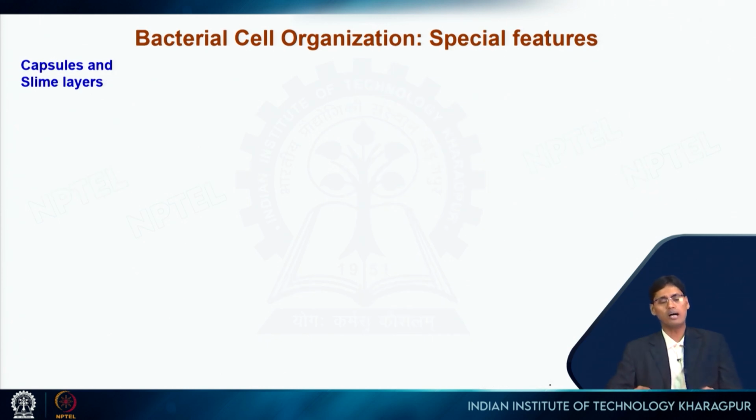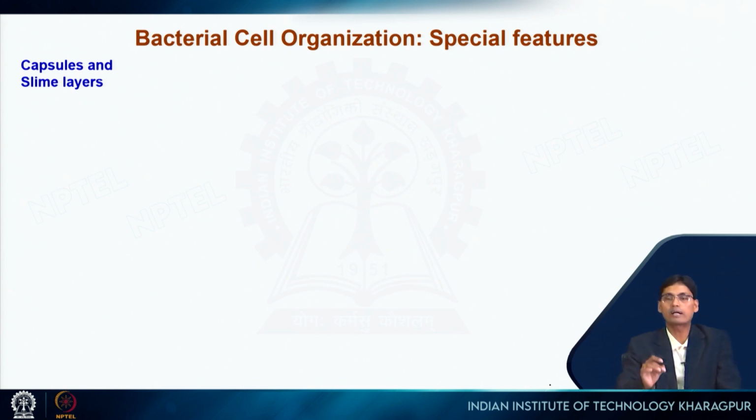Now a few more special features of bacteria, for example, the capsule and slime layer. This is present in some bacteria. For example, during Griffith's experiment I discussed Streptococcus pneumoniae.